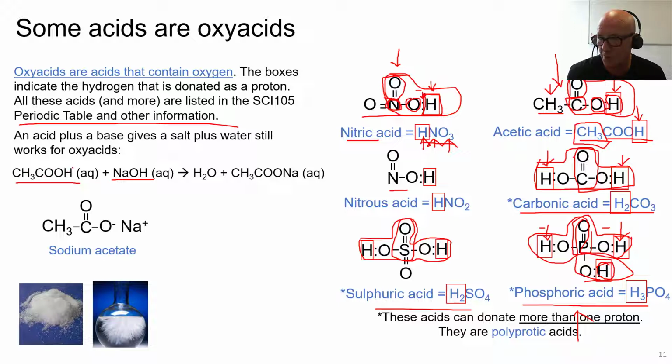Which proton's given up? It's that guy there. We've got a proton plus OH. Remember, this is OH minus Na plus because this is a polyatomic ion here. And of course, you end up with water and you end up with a salt. There it is. There's our ionic compound, our salt, and it is CH3COO minus Na plus because this thing gave up its proton here.